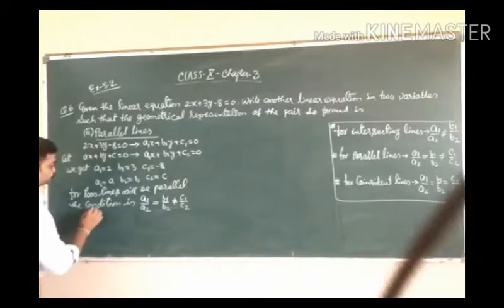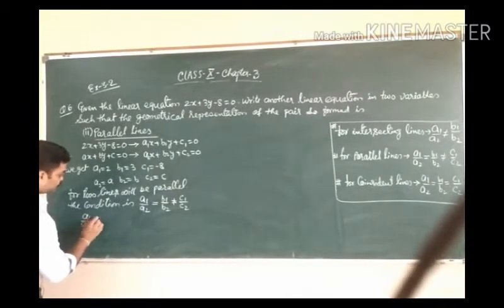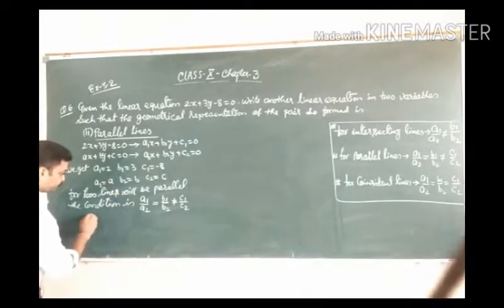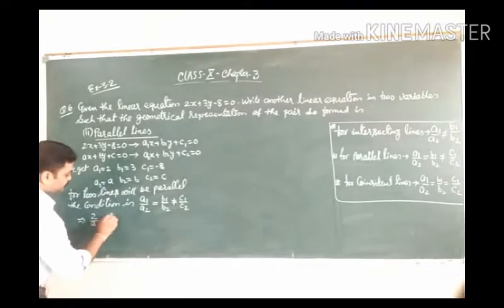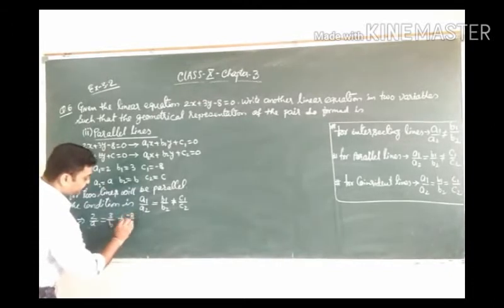Clear? So, 2 upon a is equal to 3 upon b is not equal to c1 upon c, that is minus 8 upon c.